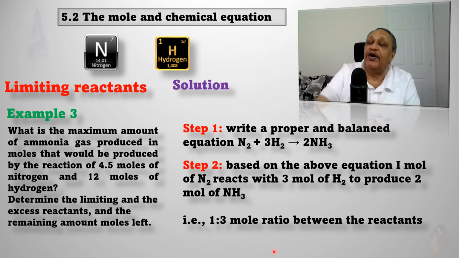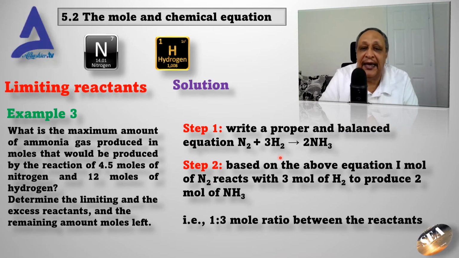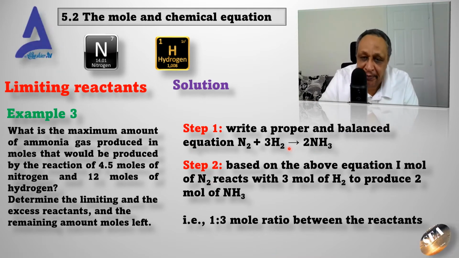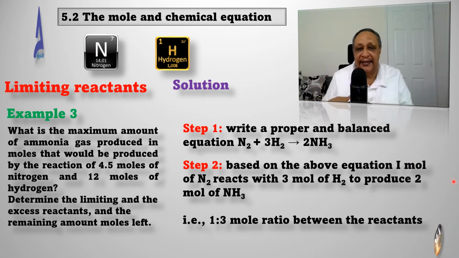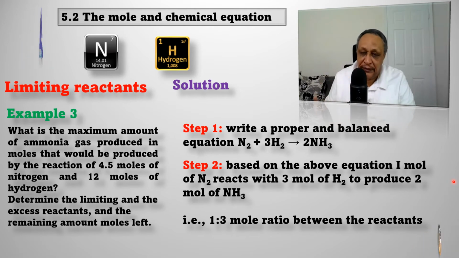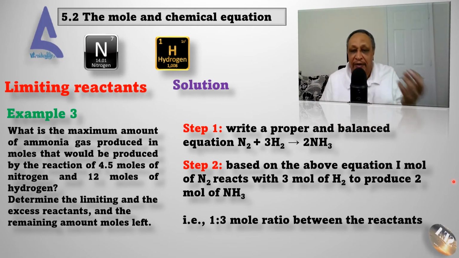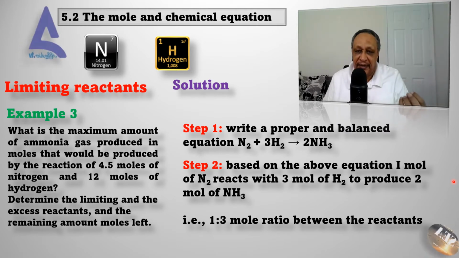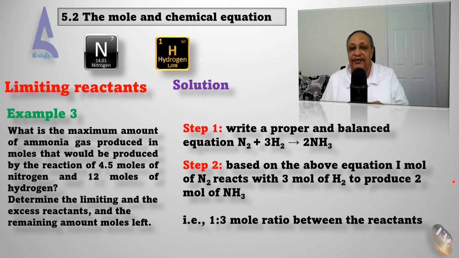In step one, as usual, you are going to make a proper balanced equation that says 1 mole of nitrogen with 3 moles of hydrogen is going to give you 2 moles of ammonia.